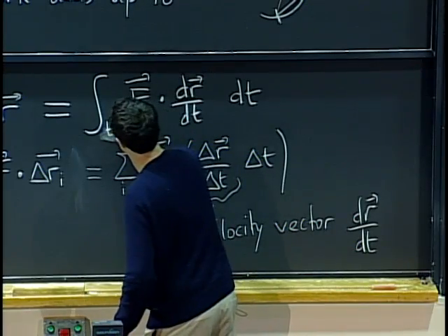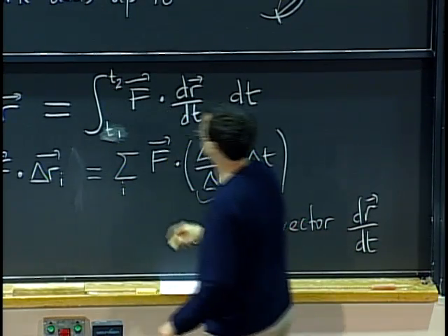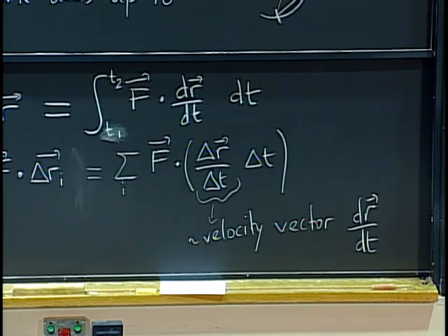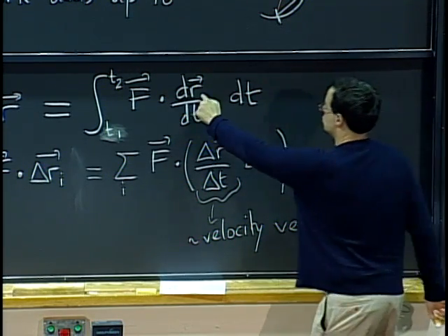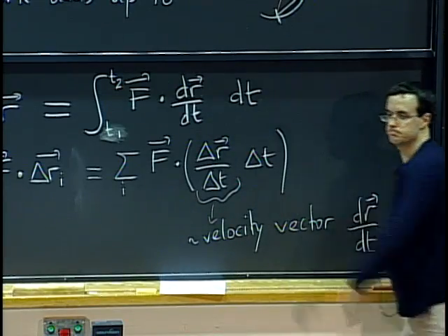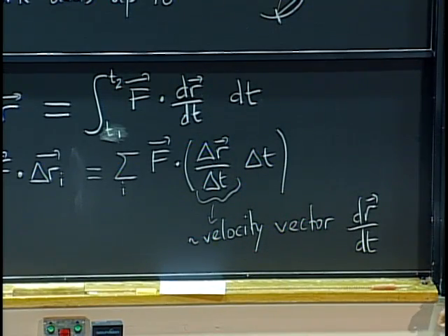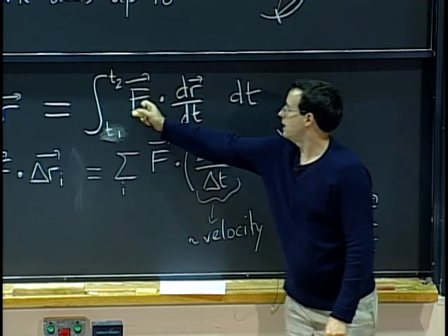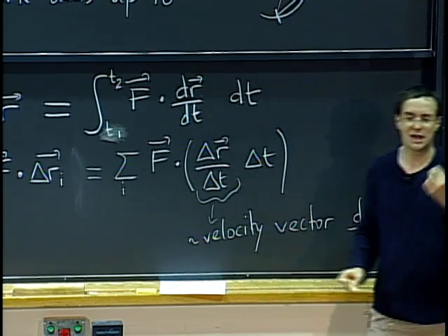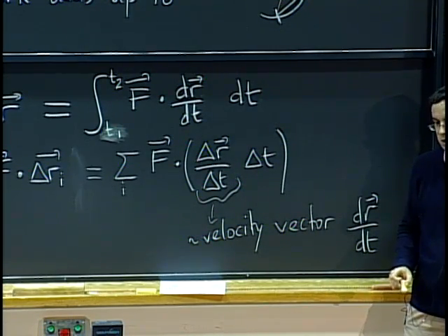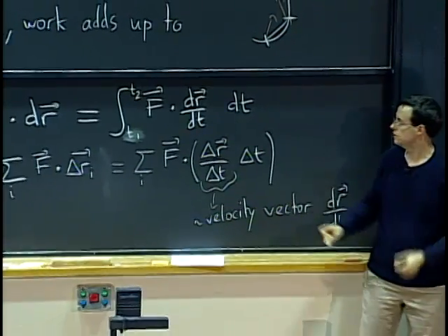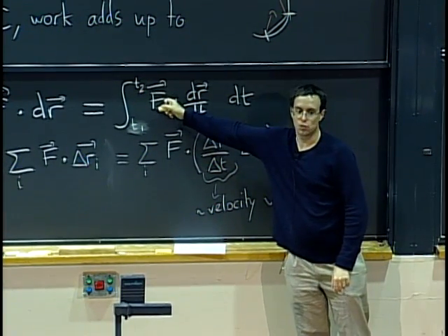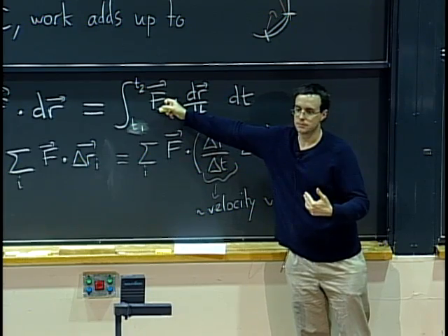From whatever the initial time to whatever the final time is, I integrate F dot product velocity dt. And of course, here when I say F, I mean F at the point on the trajectory at time t. This depends on x and y, therefore it depends on t.